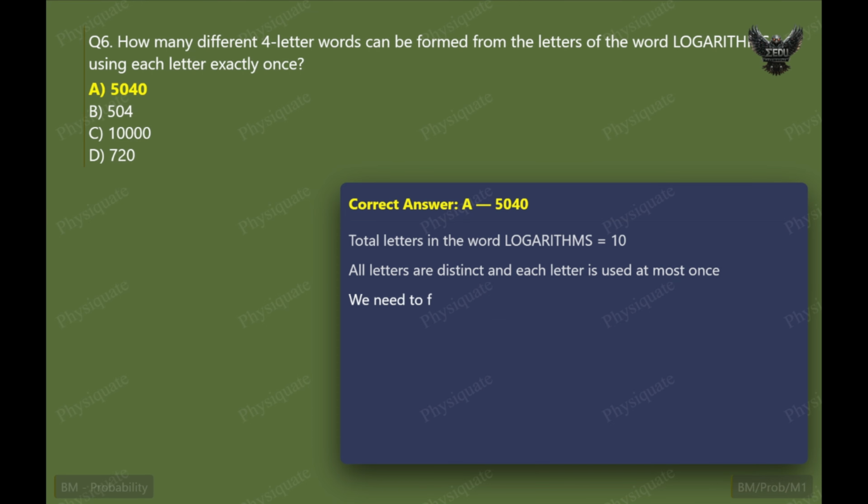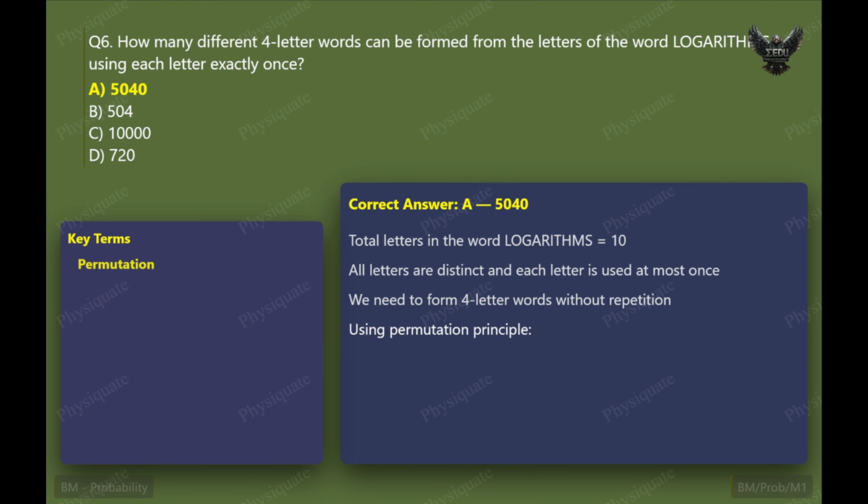We need to form 4-letter words without repetition. Using the permutation principle. Now let us consider permutation. Number of ways equals 10P4. Thus, total number of different 4-letter words equals 5040.